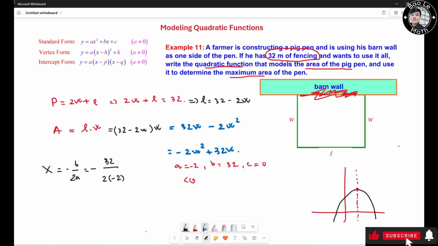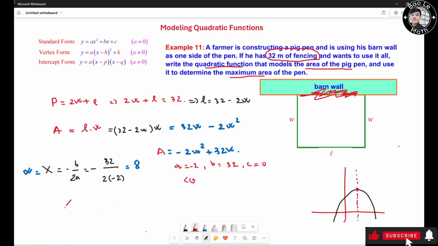I need to simplify this one. The two negative signs turn out to be positive. So 32 divided by 4 is going to be 8. So x, which means w in this situation because the variable is w, equals 8. Now I need to substitute 8 for w into this quadratic function.